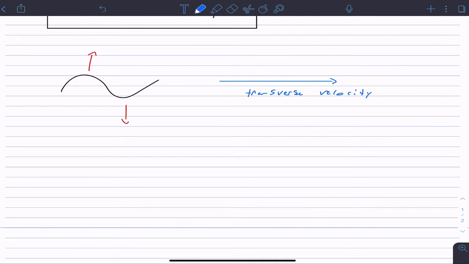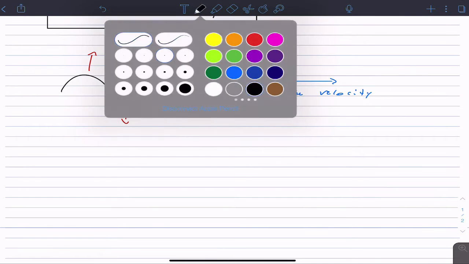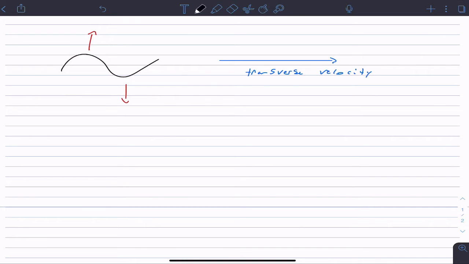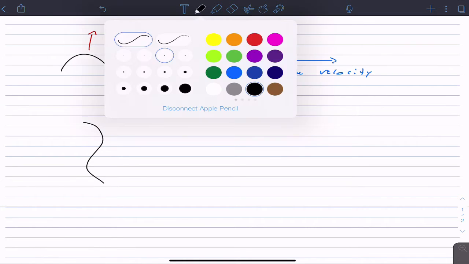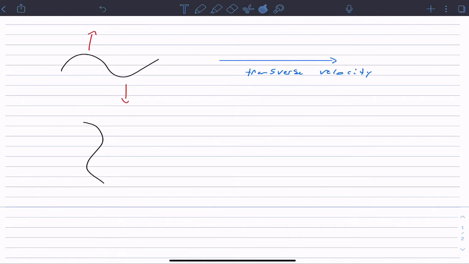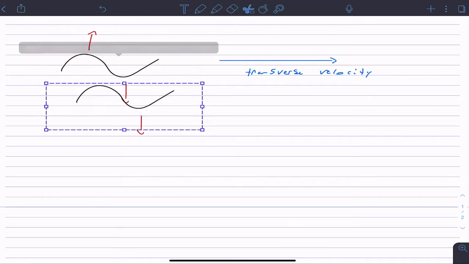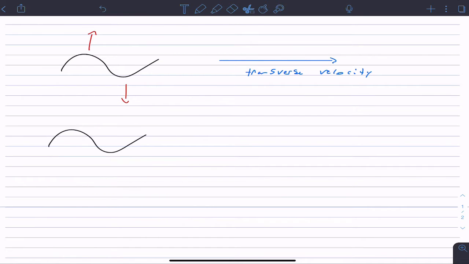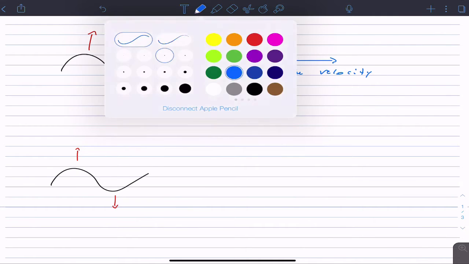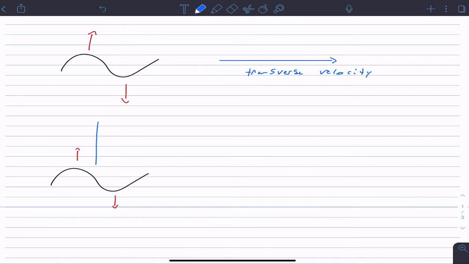the transverse velocity. Alternatively, if the wave looks like this, it doesn't necessarily even have to be sideways. It could just be the same wave. So let me pull this back down here. Now the wave is oscillating in this direction, but it's traveling in this direction.